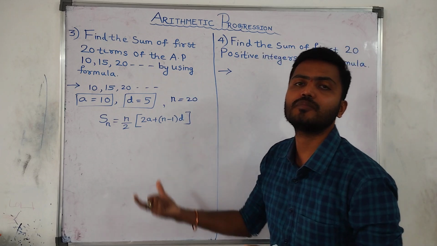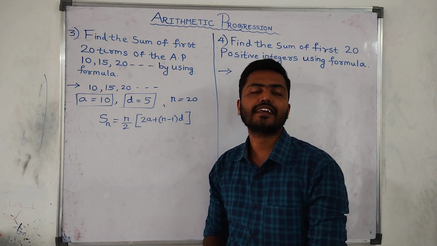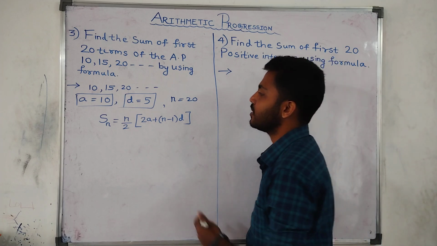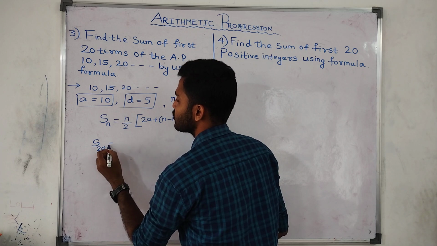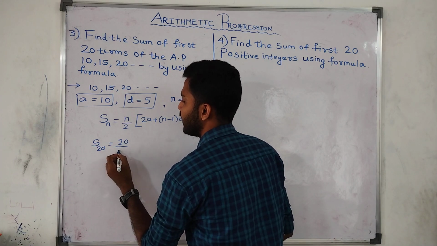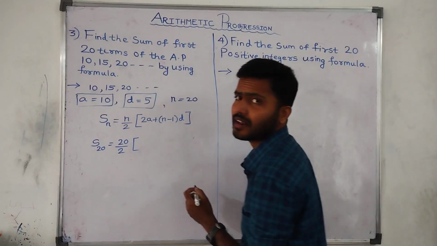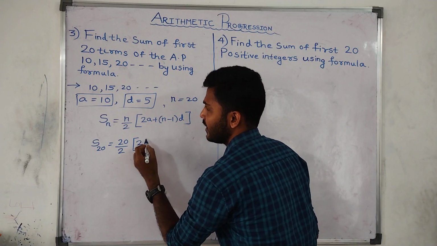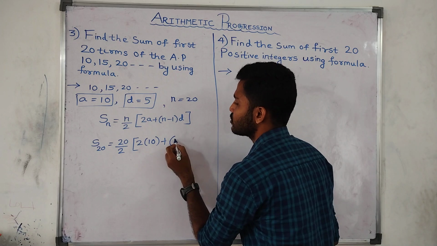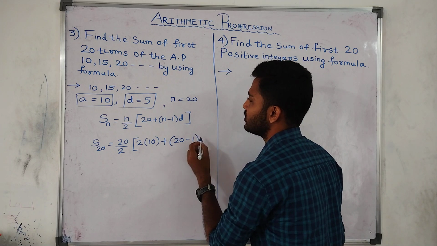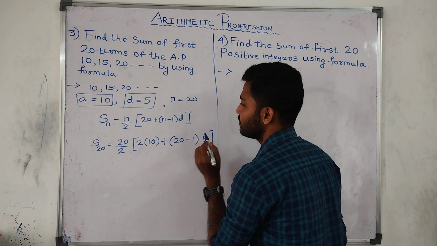ಮೊದಲನೆಯ 20 terms ನ sum ಅನ್ನು ನಾವು ಇಲ್ಲಿ ಕ್ಯಾಲ್ಕುಲೇಟ್ ಮಾಡಬೇಕಾಗಿದೆ. Okay? So let us substitute it here, my dear students. So S20 is equal to 20 divided by 2 into the bracket. So 2 into 10 plus 20 minus 1 into d, which is nothing but 5.